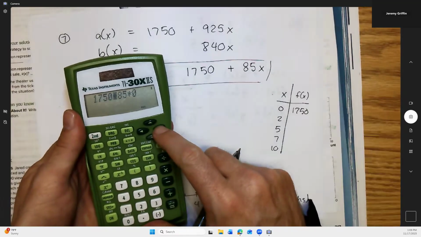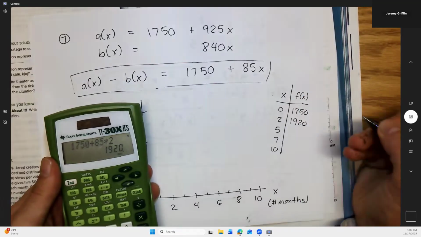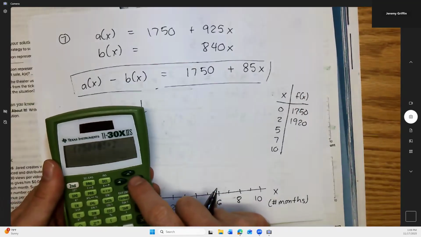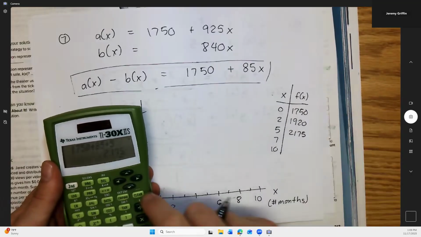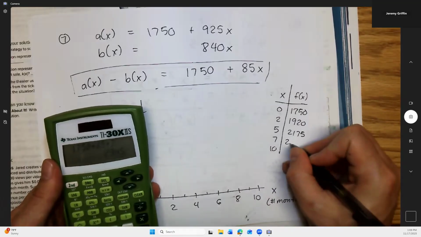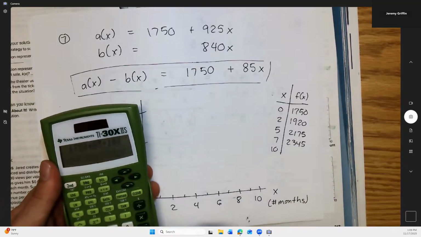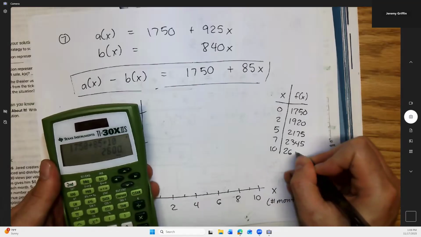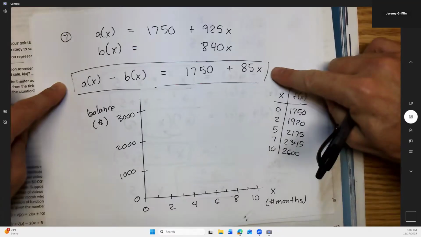What if I plug in 2? Getting 1920. If I plug in 5, I'm getting 2175. If I plug in 7, getting 2345. If I plug in 10, 2,600.